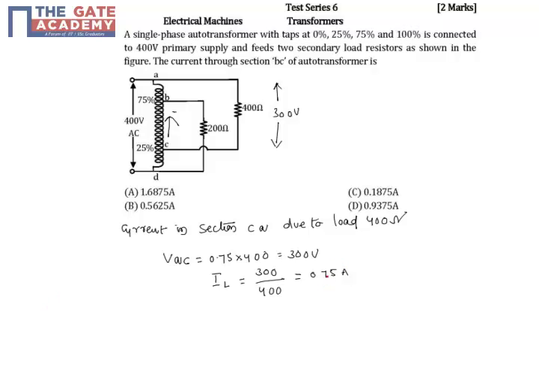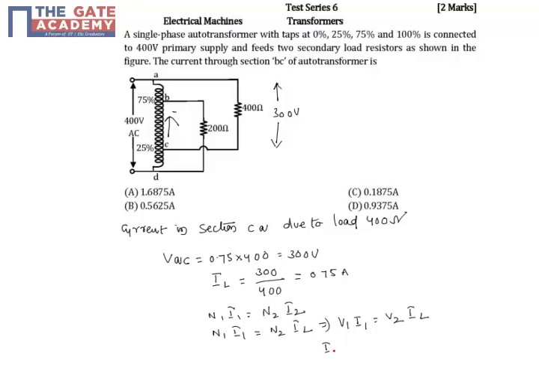Now I want to find out the corresponding input current. The corresponding input current means N1 I1 equals N2 into I2. So N1 I1 is equal to N2 into the load current. Or you can also write this as V1 I1 is equal to V2 into the load current.